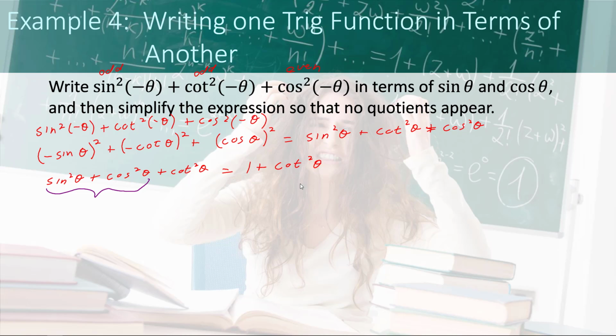Now we can use the reciprocal identity, because cotangent of theta is equal to cosine of theta divided by sine of theta, the entire thing squared. And of course we can evaluate this, and if we do, we're going to have 1 plus cosine squared theta over sine squared theta.